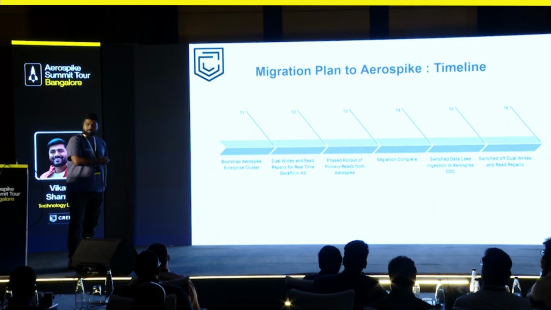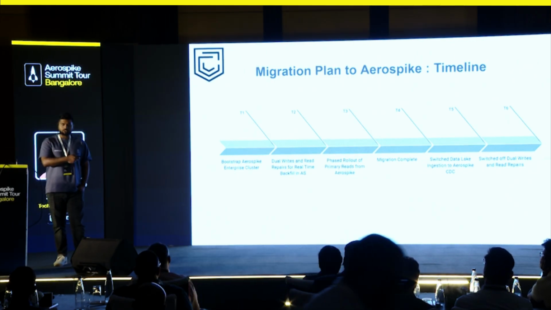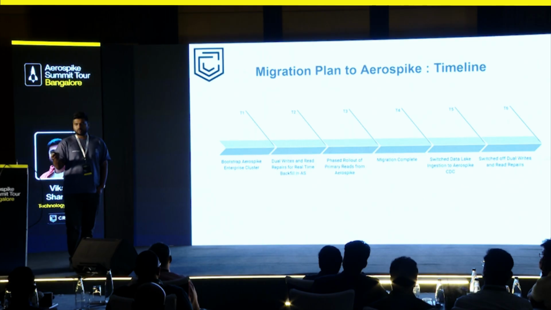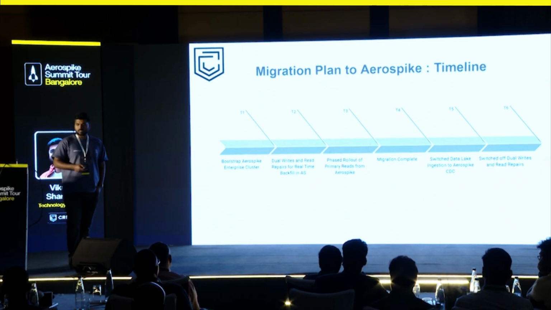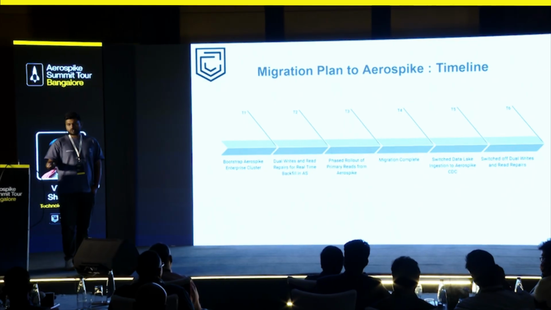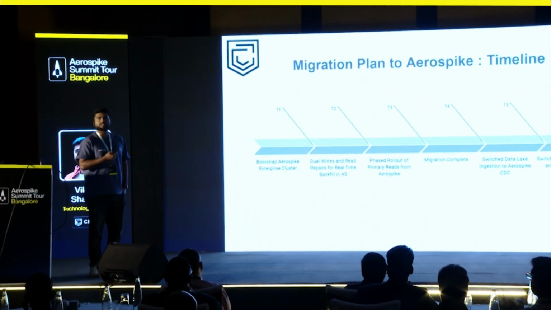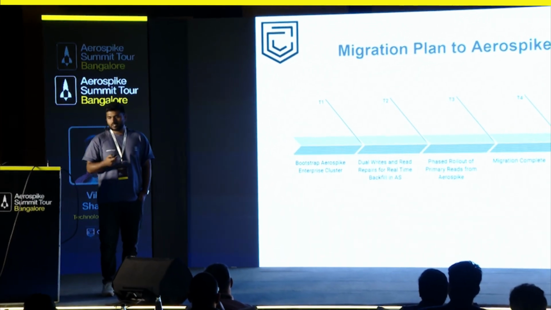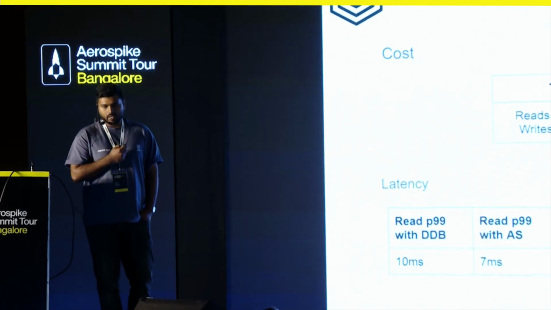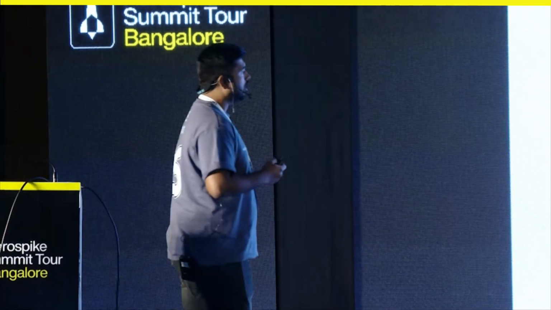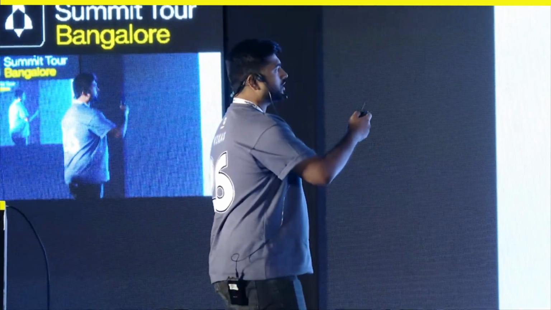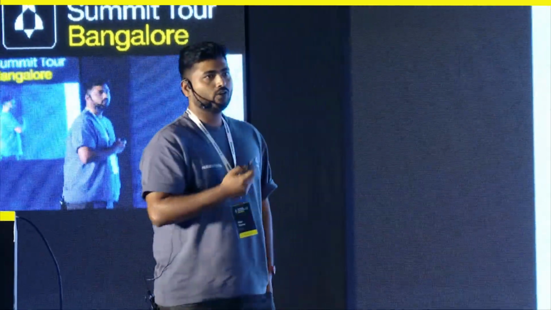The next thing was that we also migrated our ingestion job from DDB to Aerospike, because now all writes are going to Aerospike, and it has the latest context. And once everything was done, we switched off the dual writes, and DDB was decommissioned from the platform. What it gave us was almost 55% reduction in cost right out of the box.